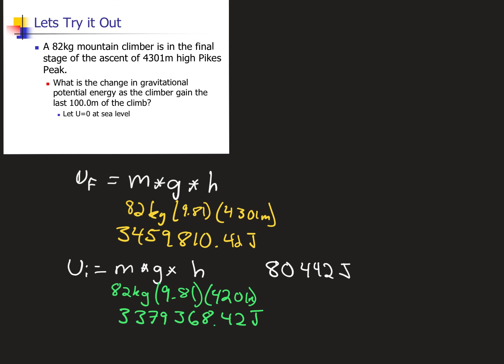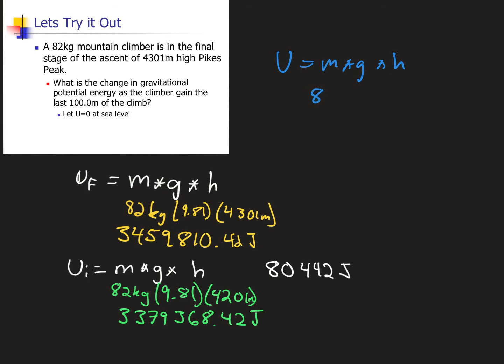So the easier way takes into account the fact that we're just gaining height, so you can do the change in height itself, because the mass and the gravity don't change. So we'll just have U is equal to mass times gravity times h.